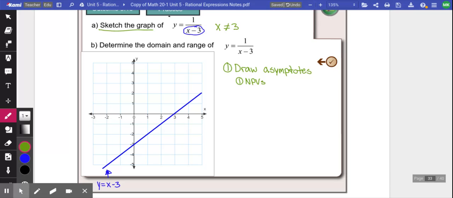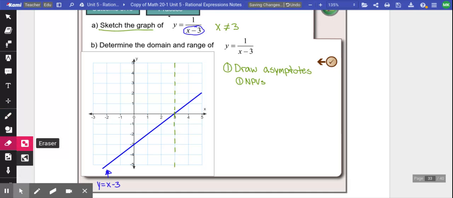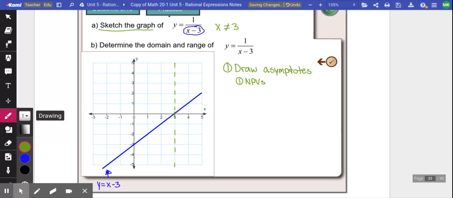So you draw a line at x cannot equal 3. So you draw a line right there. And you always do your asymptotes dotted. Remember, these are lines that your graph won't be able to cross. It's like boundaries. Your second asymptote is always your x-axis. So right there.